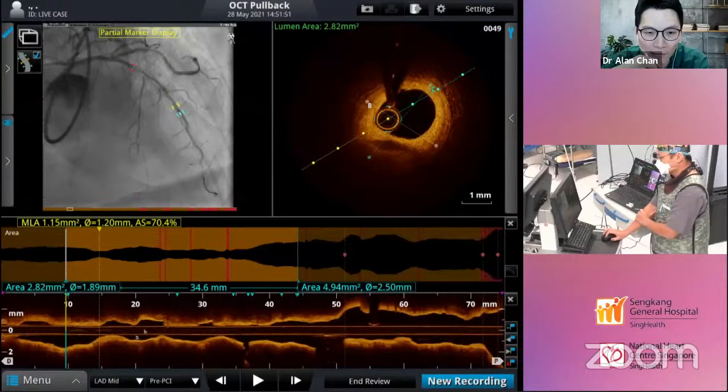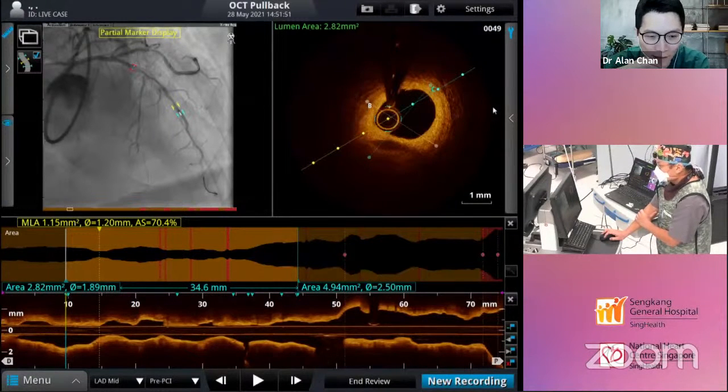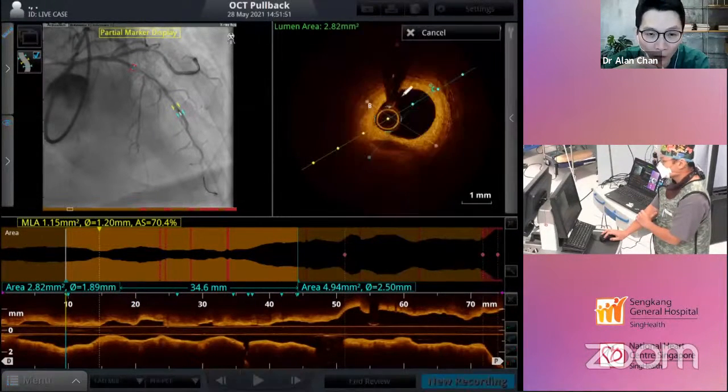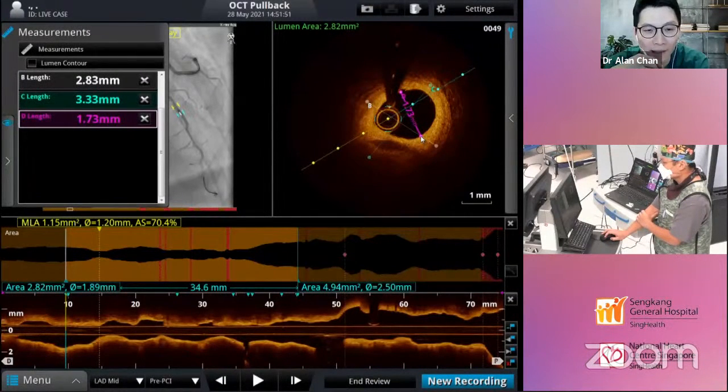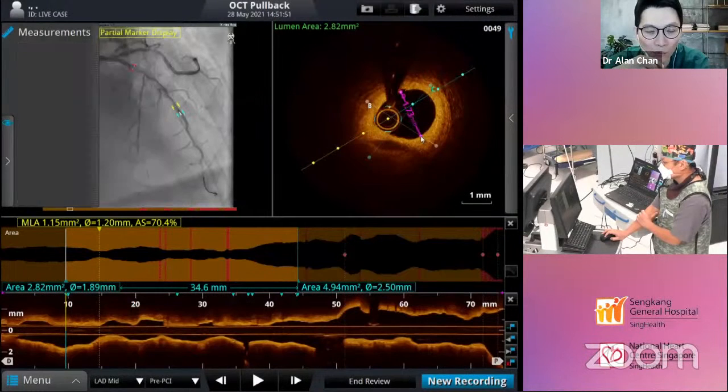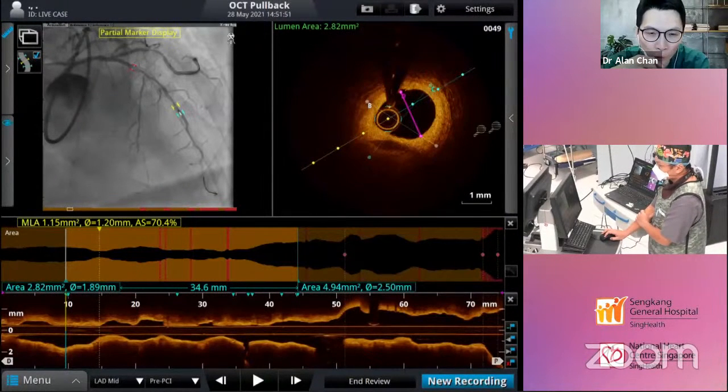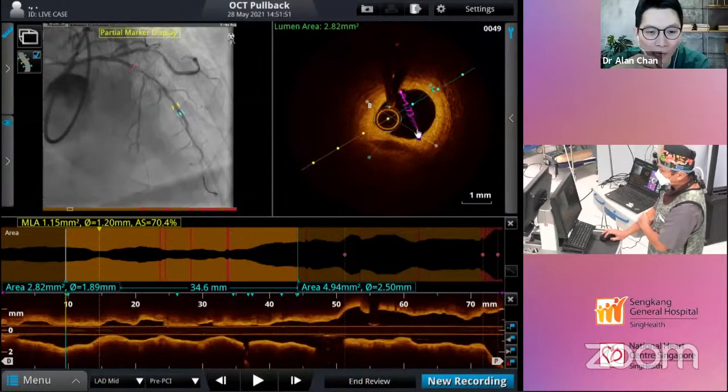You measure the EEL diameter, and then also measure the luminal diameter, to judge and get the estimate. For example, in this case, the EEL is probably 3.0, and I will never put in a 3.0 stent here. From the luminal diameter, probably 2 something like that, so you need to upsize from the luminal and downsize from the EEL.